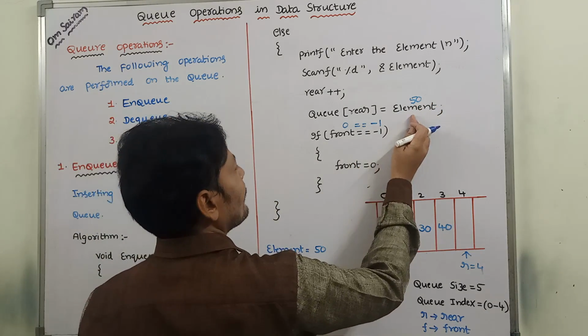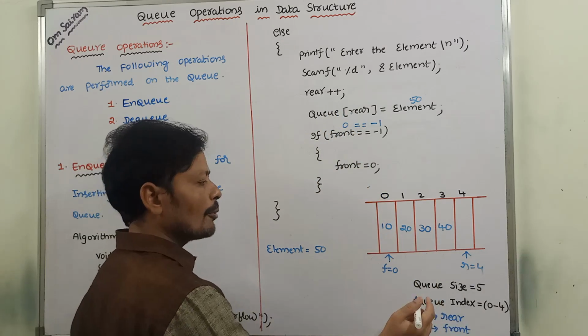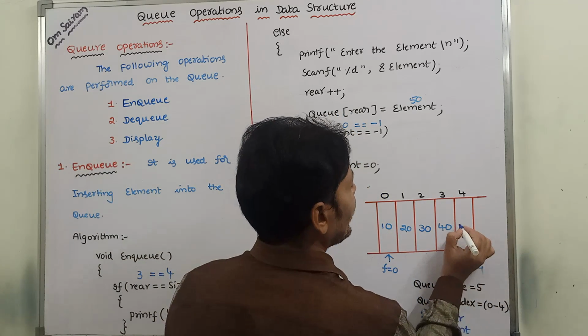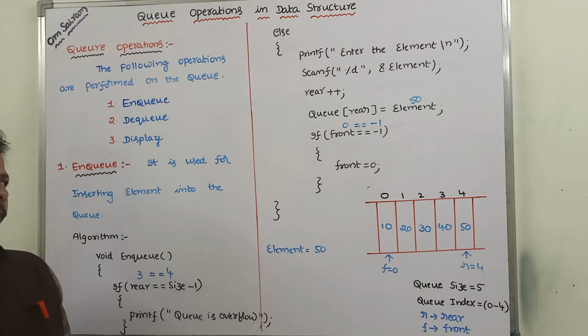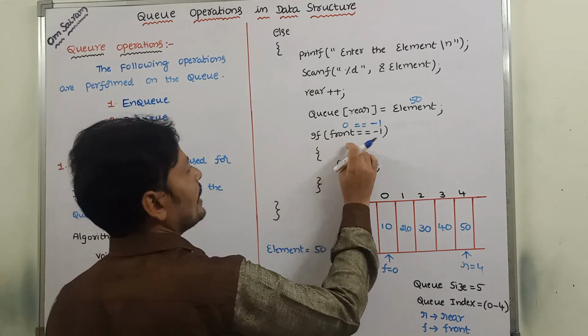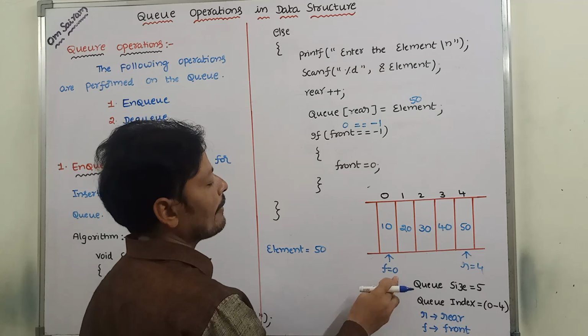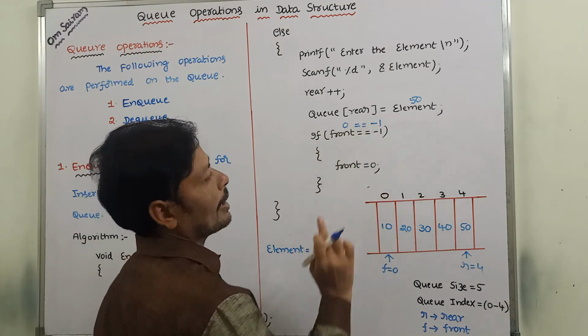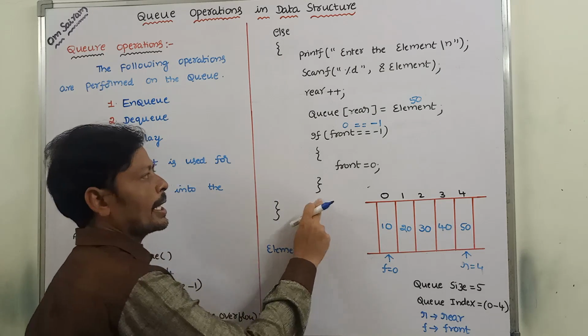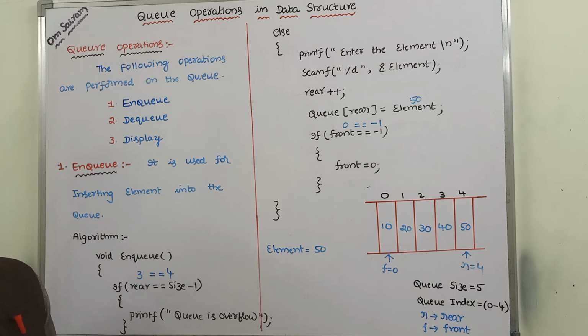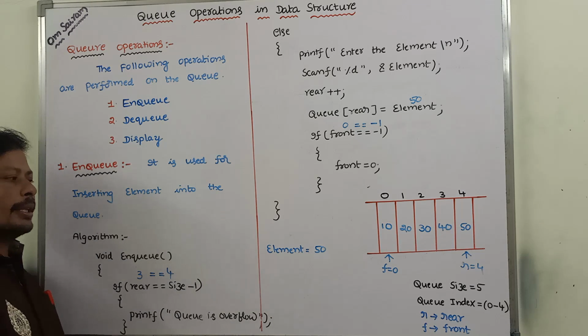So that element 50 can be assigned to the queue of rear. Rear value pointing to 4. Next one, if front equal to minus 1, front value 0, 0 equal to minus 1, condition false, control goes to the next statement after the if block. There are no statements there. Now the enqueue operation is completed.